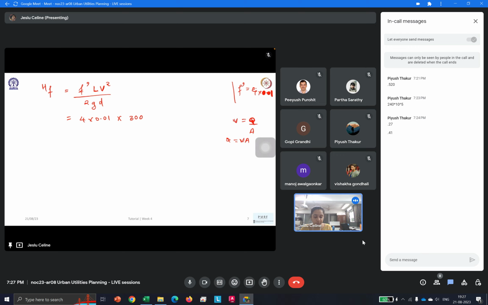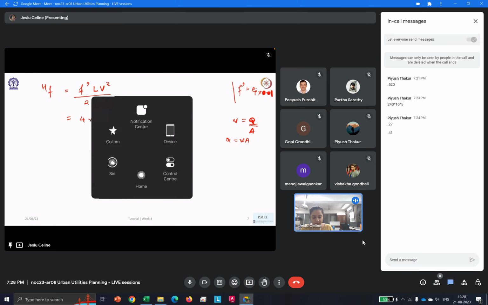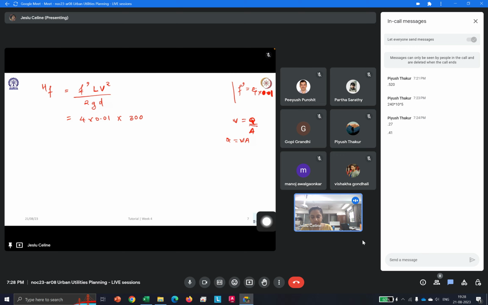If we divide the volumetric flow by the area, we get the velocity. So instead of V, I can write it in terms of Q and A, because we know the diameter also.